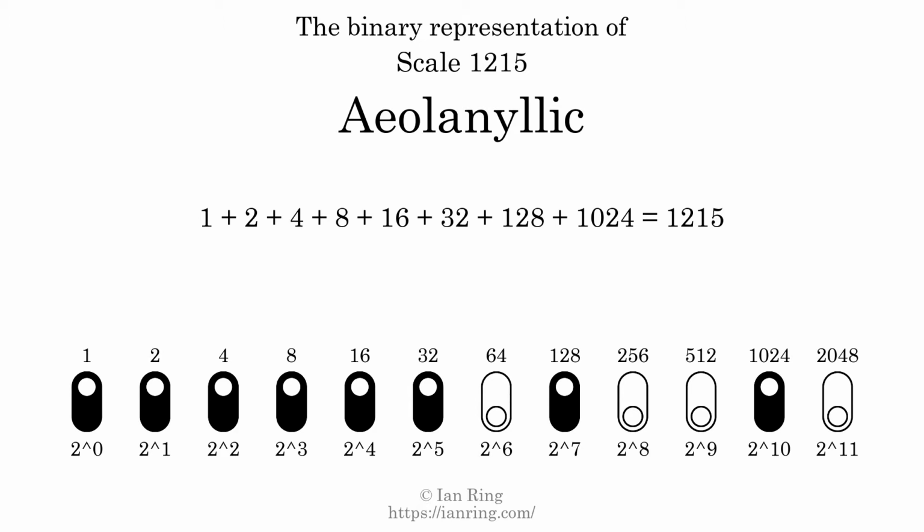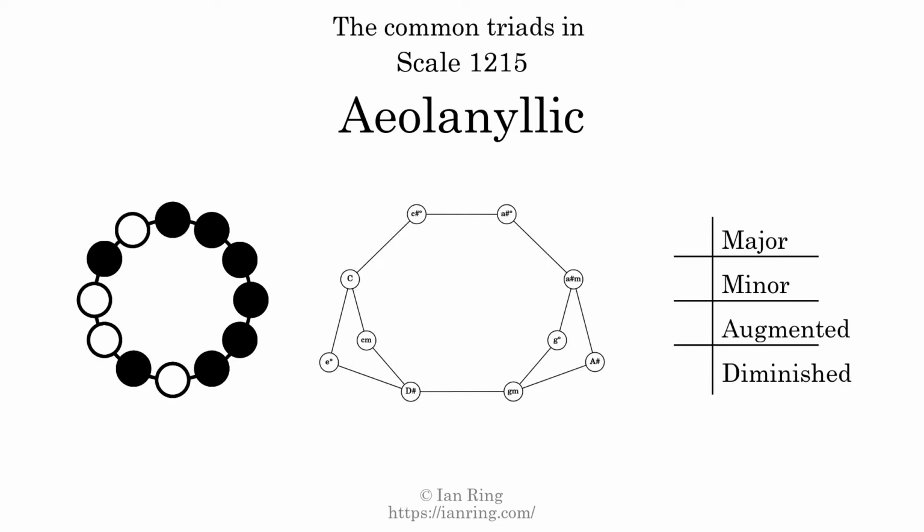That is why the scale number, in decimal, is 1215. The scale number not only enumerates the scale with a unique index, but it also literally describes the tonal content of the scale. Represented as a binary number in base 2, the scale number is 010010111111. Here are the common triads present in this scale.